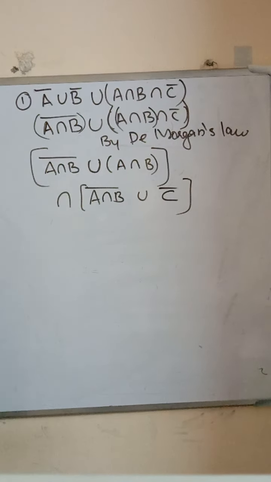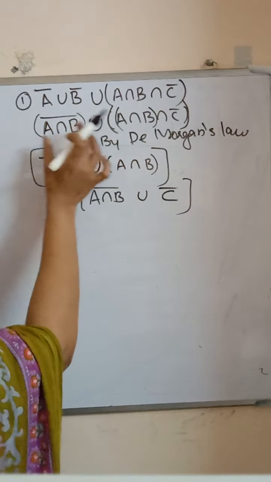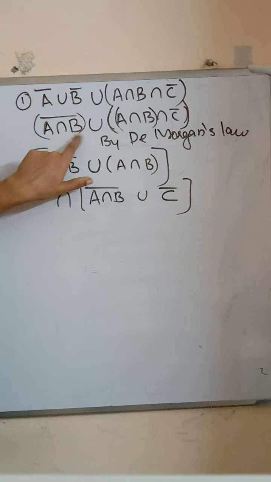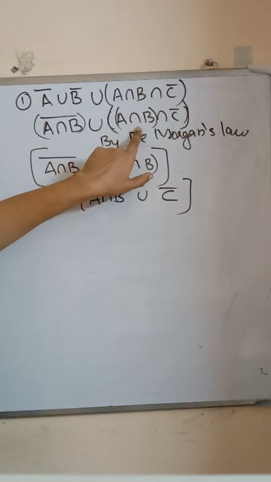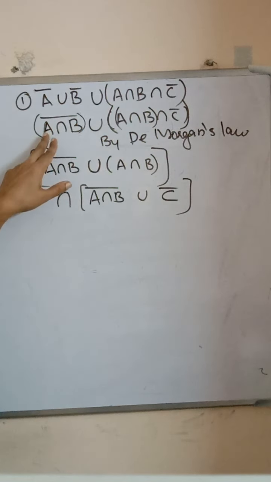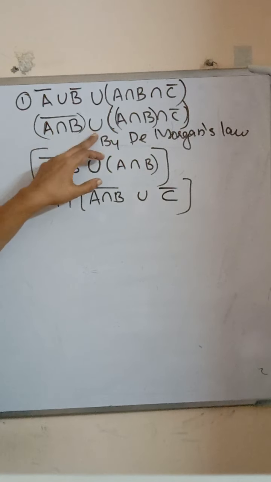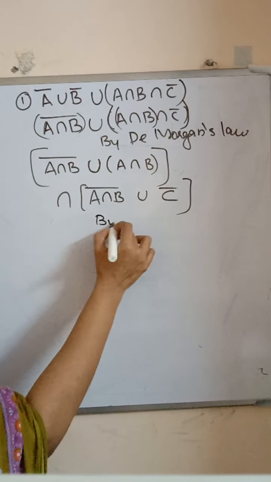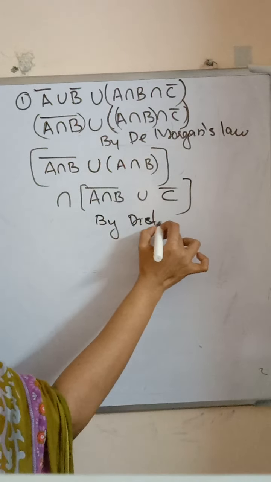Okay, we distribute this set in this bracket: A intersection B complement union the first set A intersection B, intersection A intersection B complement union the second set. That is by distributive law.